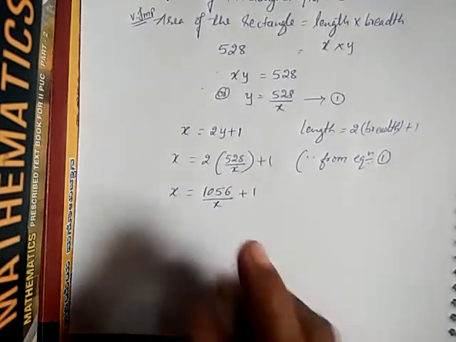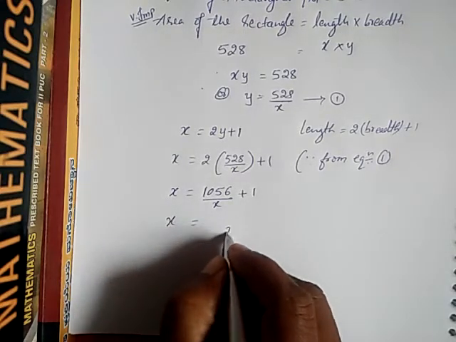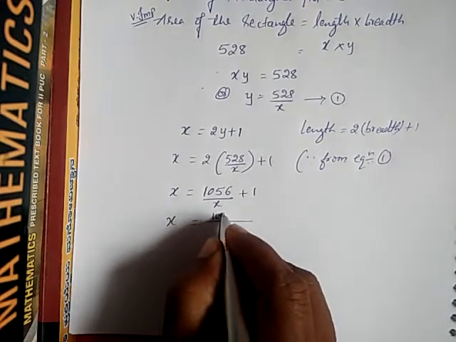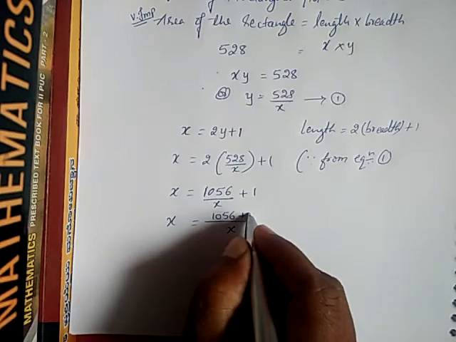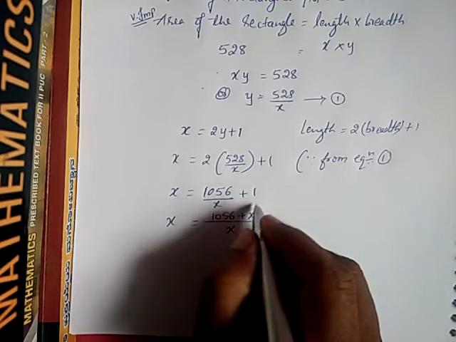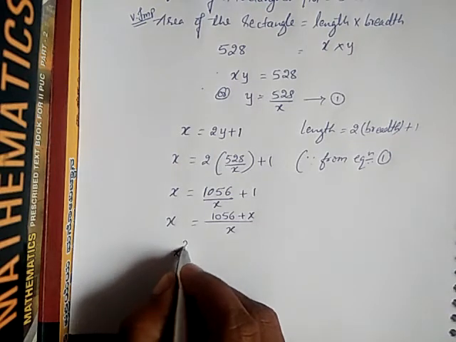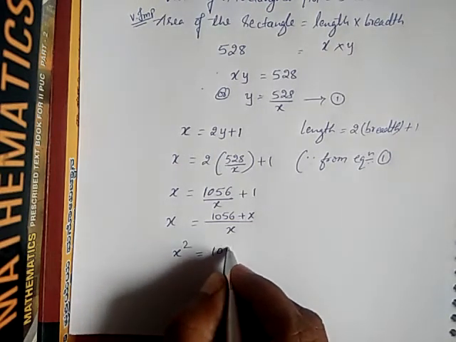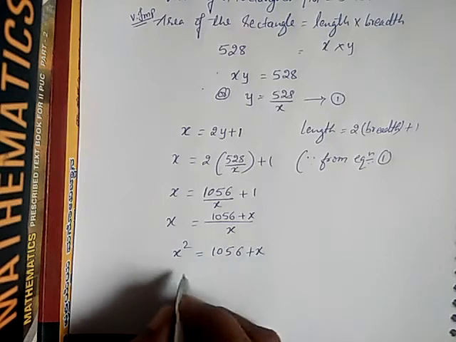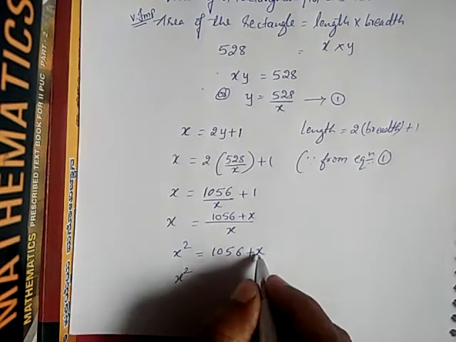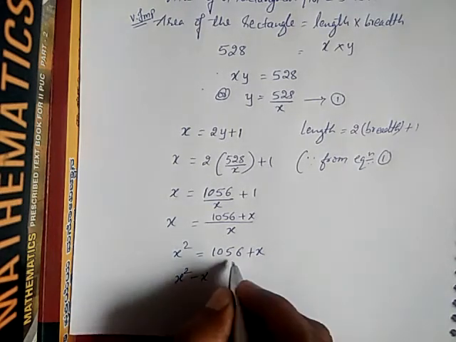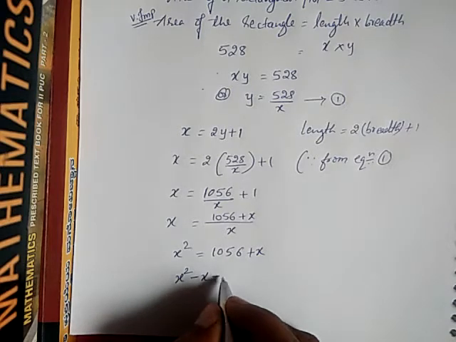If you take the LCM here, x is equal to 1056 plus x, because here nothing is there, it will be multiplied by x. So cross multiply here: x square is equal to 1056 plus x. If you transfer this side, minus x.